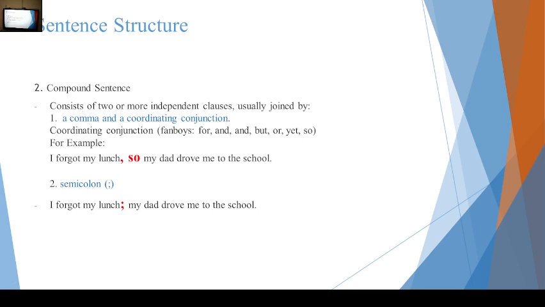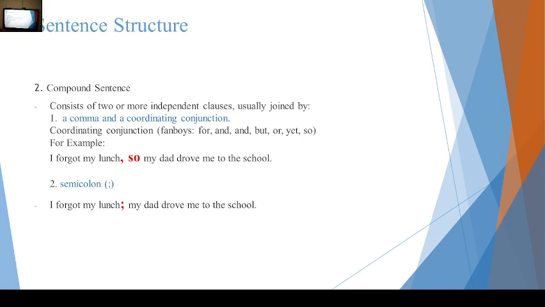It consists of two or more independent clauses, usually joined in two ways. So here you have to know, when I say compound sentence, you have two independent clauses. How would we join these two clauses? You have two ways. You either use a comma and a coordinating conjunction.